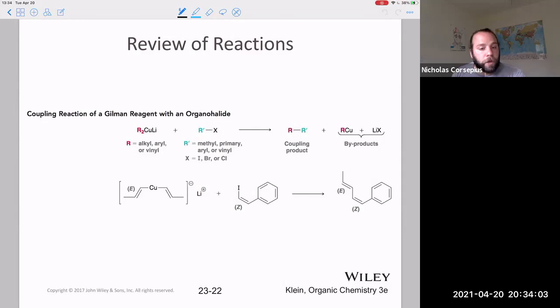In this chapter, we learned yet another new reaction with the Gilmans, which is quite powerful in that we can create quite a bit. And that is to react it with an alkyl halide, aryl halide, or vinyl halide, remembering the limitations on these R groups. And these reactions can be very powerful because they are stereospecific, i.e. you will preserve the stereochemistry in your two starting reagents.